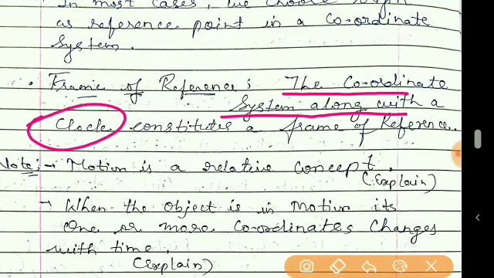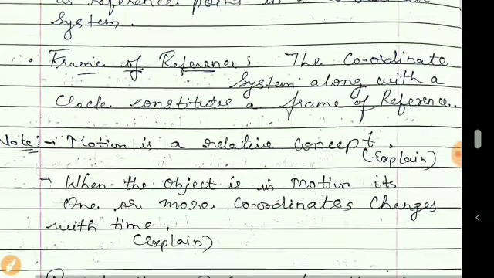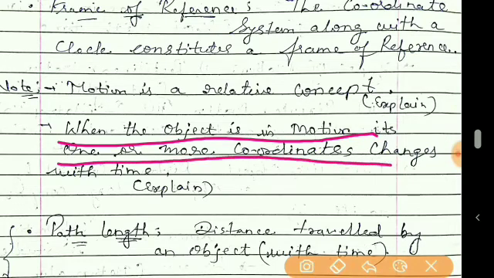And now, motion is a relative concept. Why is motion a relative concept? It is because when the object is in motion, one or more of its coordinates may change with time, and from where the observation is taken is very important.